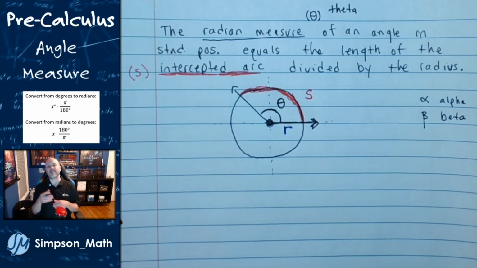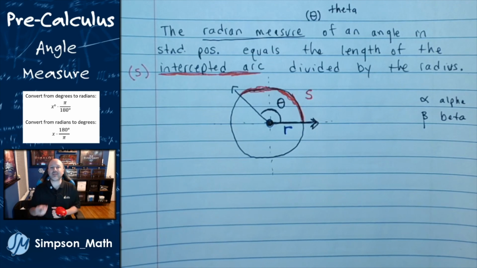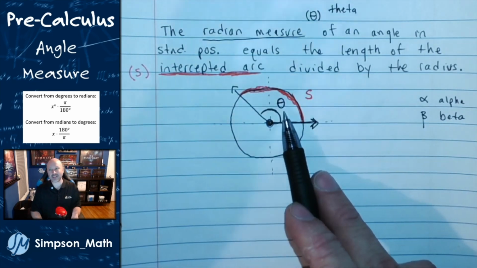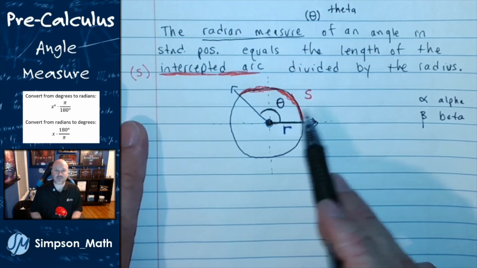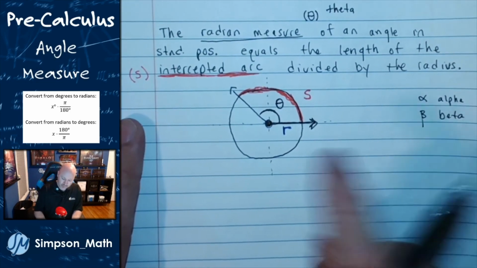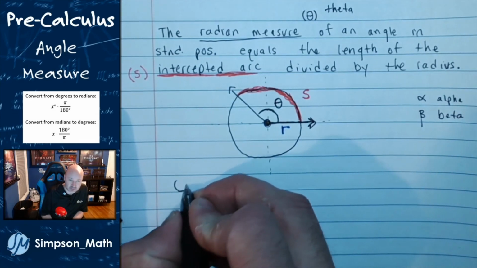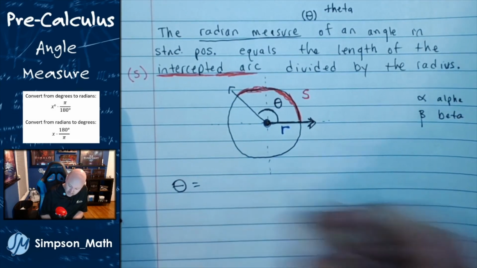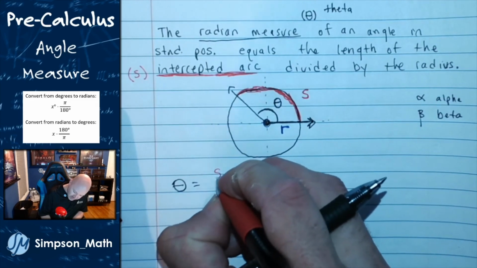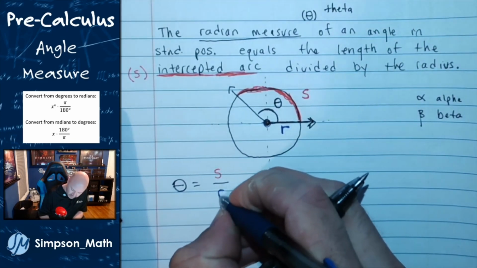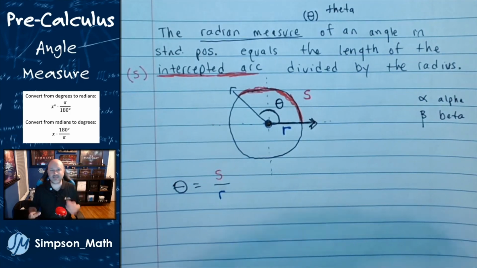Those are just placeholders for the radian measure. Theta is the most common, like x is for algebra. So my definition says the radian measure equals the intercepted arc divided by the radius. That's the definition of radian measure.